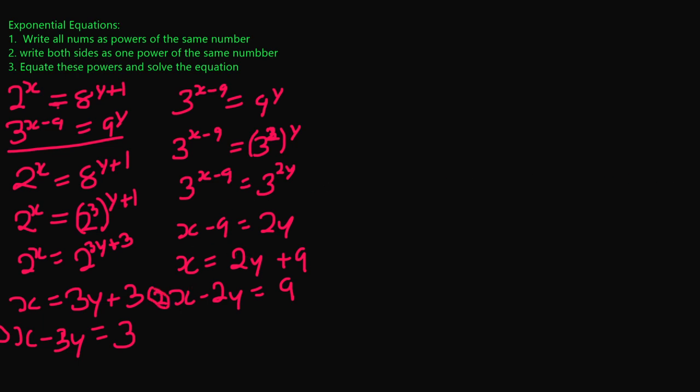Alright, so I'm going to change colour now. I'll change this to green, and now we've got, so the first one is 1. We'll write in x minus 3y is equal to 3.